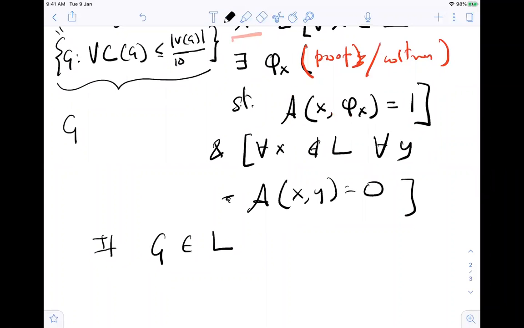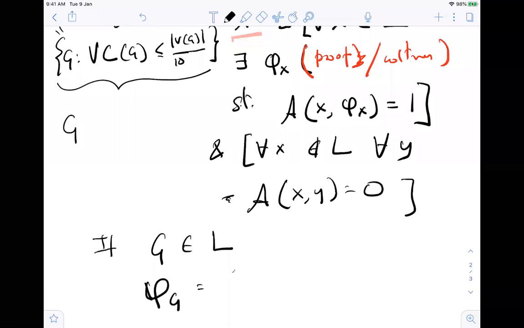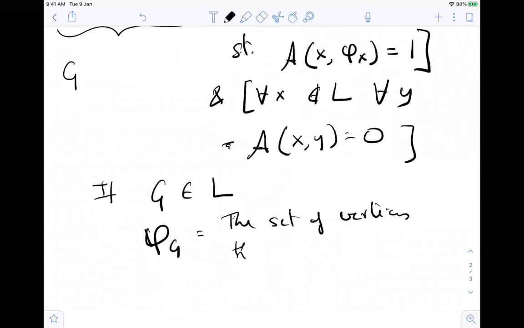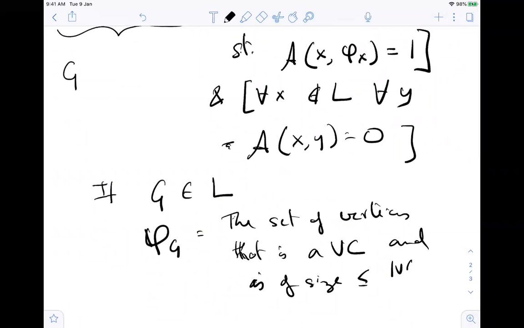If you give me this language, the phi of G in this case, phi of X, is nothing but the set of vertices that is a vertex cover and is of size less than V of G by 10.